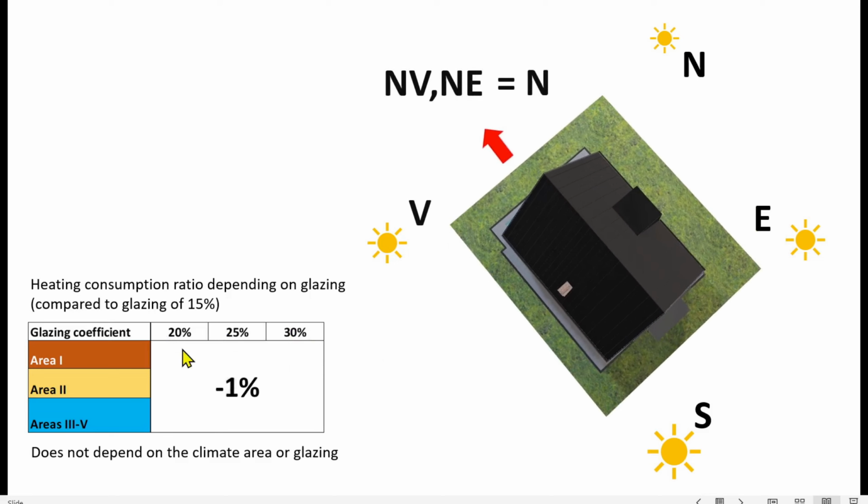It continues to decrease to the northwest and northeast orientations, which have the same effect as the north orientation. As you can see, increasing the glazing coefficient in the east, west, northwest, northeast, and north orientations does not bring significant changes in heating consumption.